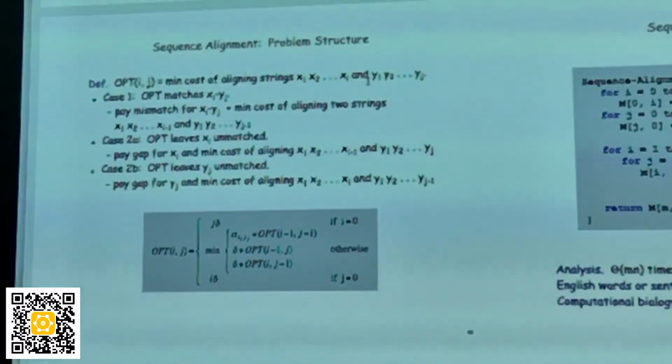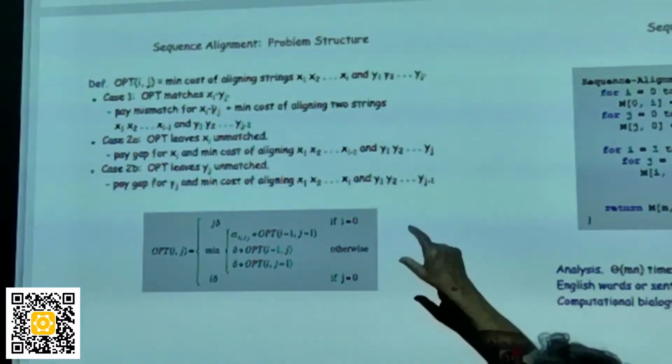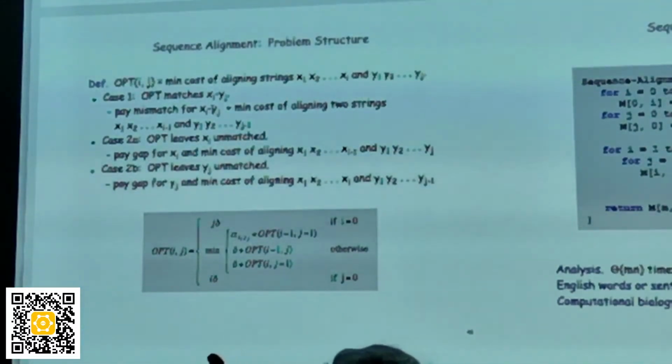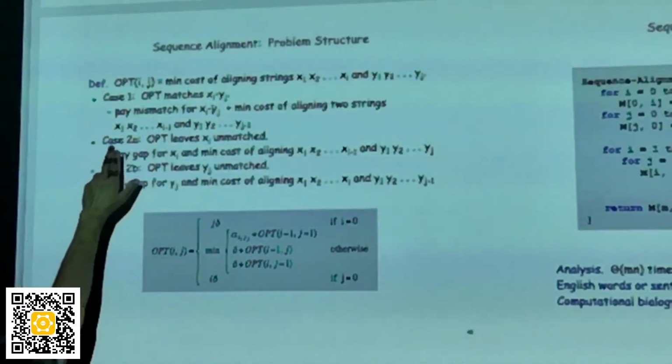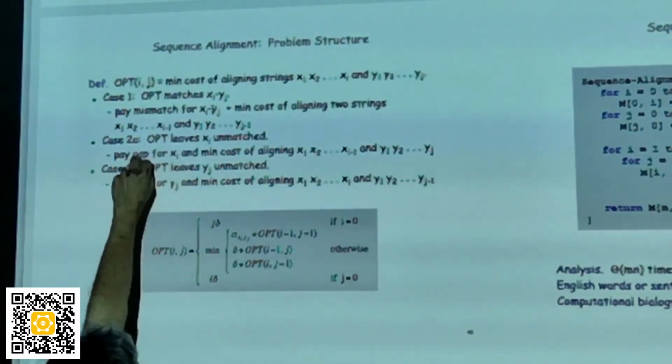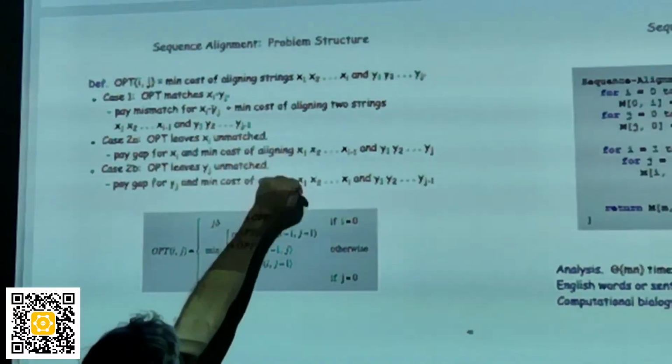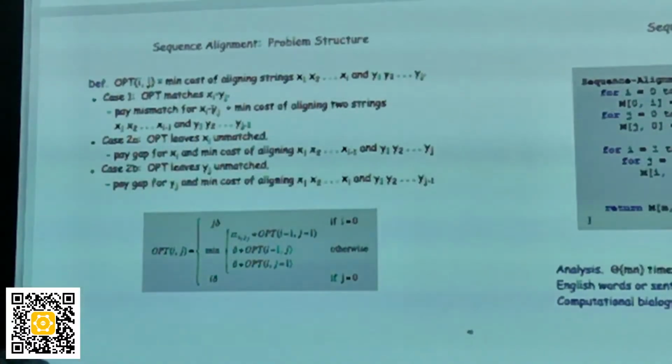Either the last characters xi and yj are one below the other, or they're not. So case one is when the ith character of x is below the jth character of y. If that happens, there are two possibilities. Either it's a mismatch or it's a match. So whatever is the mismatch cost, that's what we pay for it.